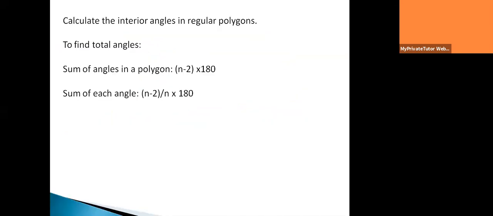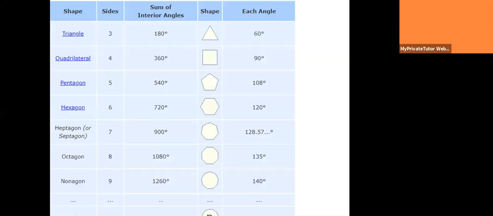Let's quickly have this. So how do we get that? We are going to use the formula. The pentagon we tried, and for the octagon we tried 1080 and 135. Sometimes we might end up getting decimal answers as well, Joseph, so we need to round that value based on the instruction given in the question.